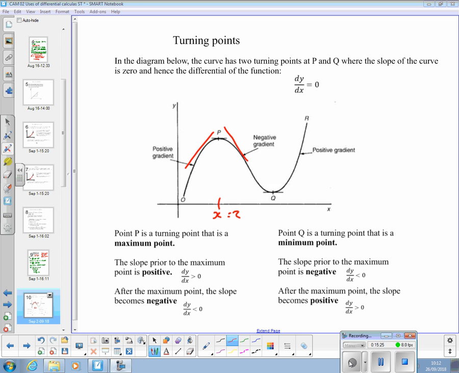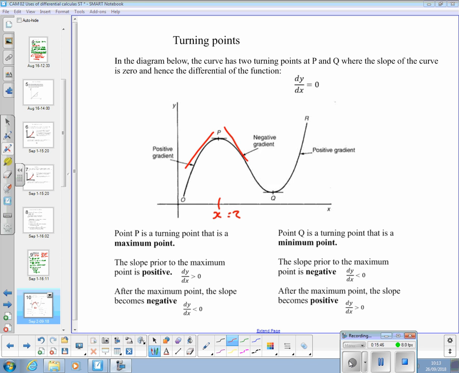We have to be careful about how far either side we look, because we don't want to go past another turning point. So we need to bear in mind what kind of scale we've got for x. If it's really small we need to move a small amount; if it's really big we can move a bigger amount without too much worry.